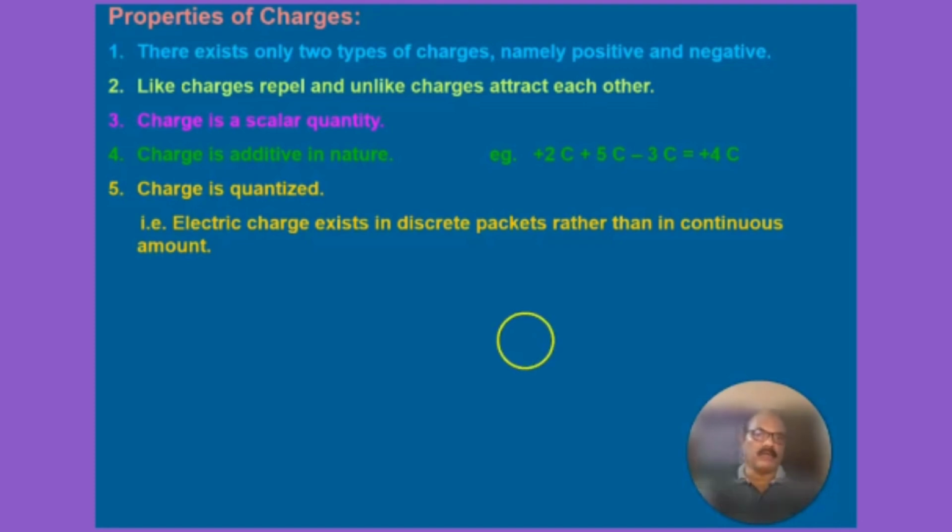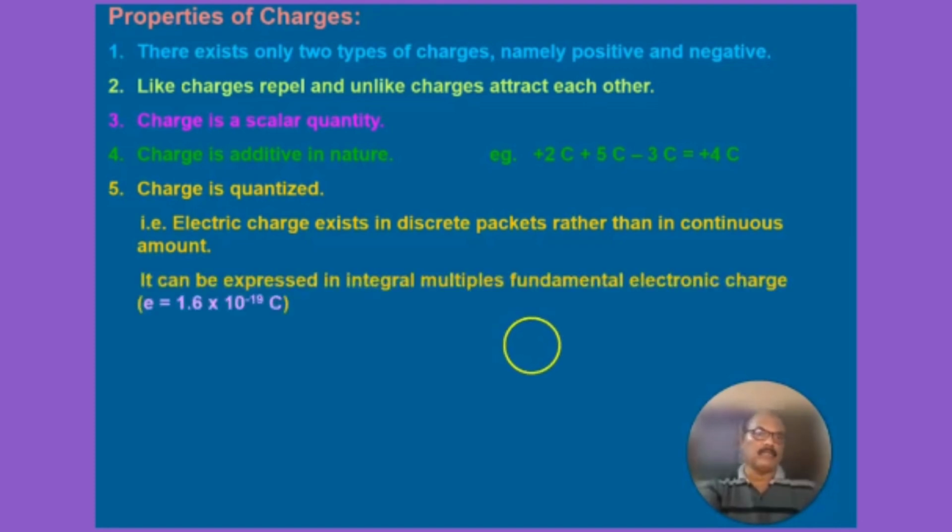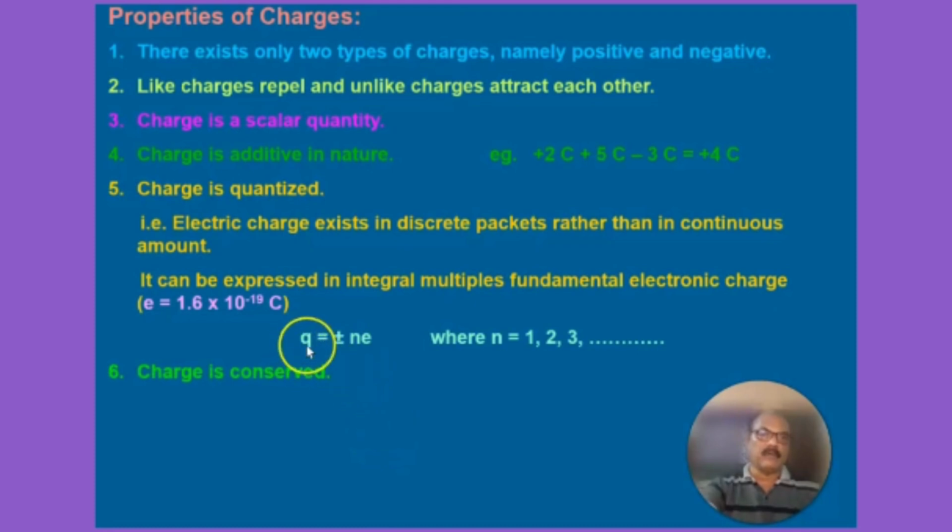This is the formula: to calculate the number of charges, divide total charge by e, and you will get the number of electrons or protons. If it is negative charge, it will be electrons; if positive charge, protons.